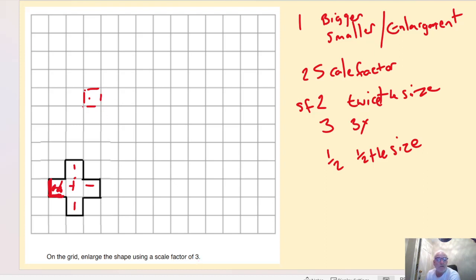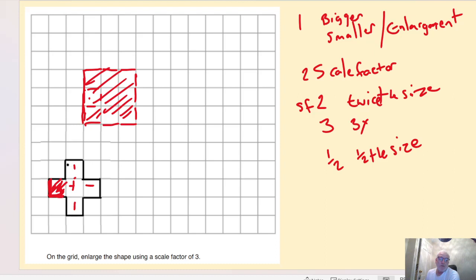So we're going to say 1, 2, 3 squares down, and 1, 2, 3 squares across. So that's a 3 by 3 square, the representation 3 times the size of that 1 square there.